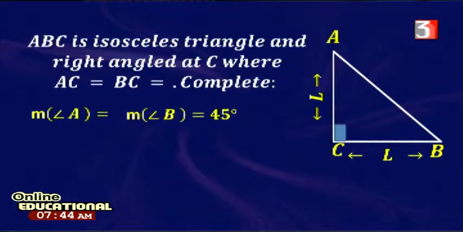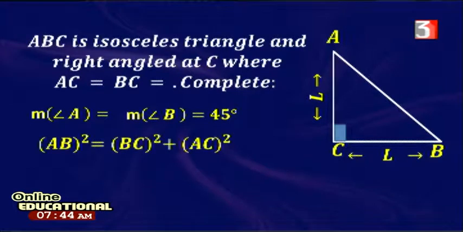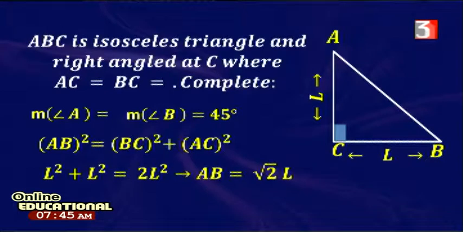Then, can you find the length of AB, which is the hypotenuse, by using the Pythagorean theorem, of course. So AB squared equals BC squared plus AC squared, which is L squared plus L squared, to obtain 2L squared.